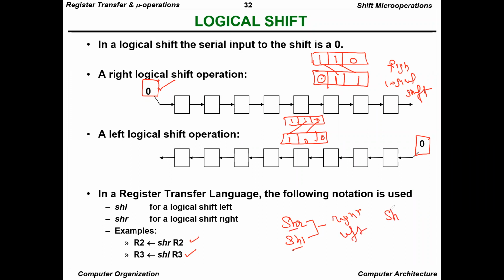And when we write simple SHR and SHL, it means we are talking about a logical shift. Okay, so what is the meaning of this? The meaning of this is to shift the contents of the register R2 towards the right, and whatever result comes, copy it into R2. So that explains the simple logical shift.